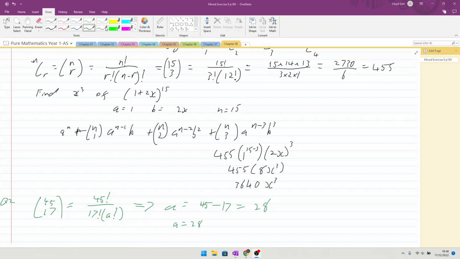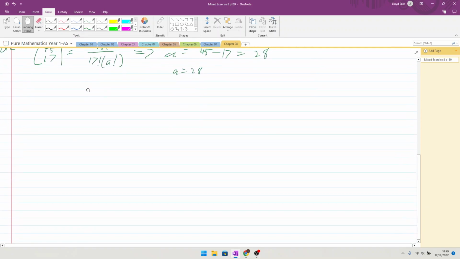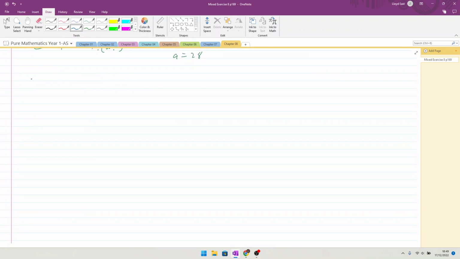Okay, question 3 then, just because it's the only one that isn't a P or an E question in the entire exercise. I feel sorry for it, it needs to be done. Question 3.